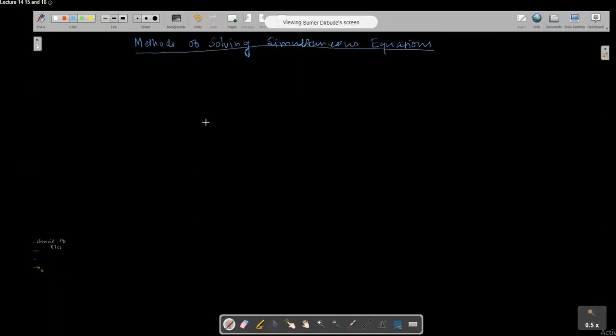Okay, so the most popularly used methods are categorized into two. Number one is called a direct method, where we solve the matrix directly. Another category of methods is called iterative methods.